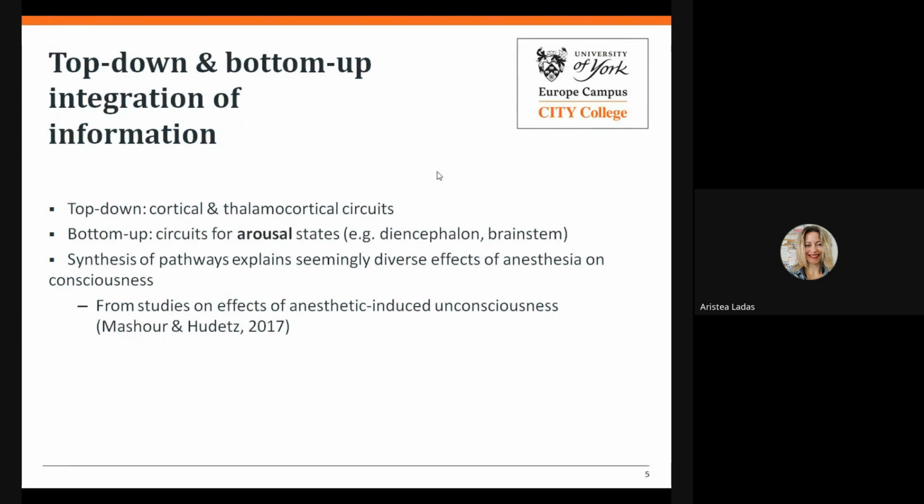The synthesis of those pathways explains seemingly diverse effects of anesthesia on consciousness. So, for example, from studies on effects of anesthetic-induced unconsciousness, it seems that it is mainly these pathways that produce the experience of consciousness while you're awake, as opposed to while you're under anesthesia.